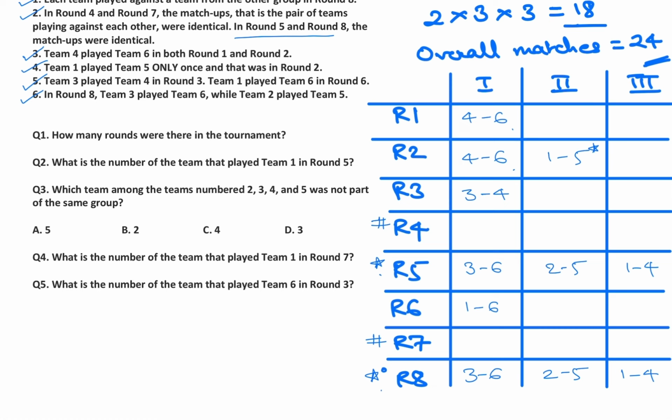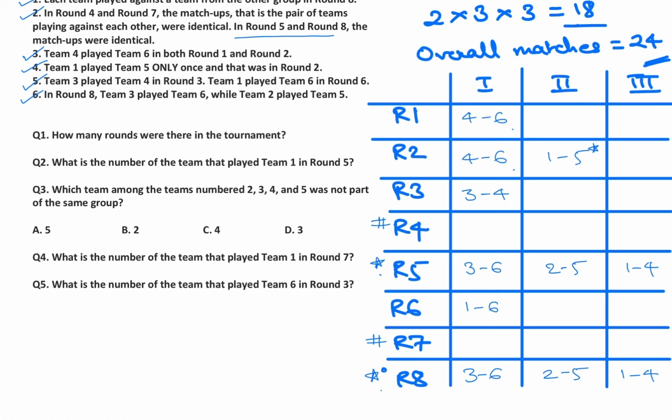Okay. So can 4 come in round 4? No, it can't, because I want 2 games. One game will be played in round 4, and one game will be played in round 7 by the same pair of teams. So I cannot look at 4-2 for that. I cannot even look at 6-5 for that, because I don't have 2 games for this pair of teams.